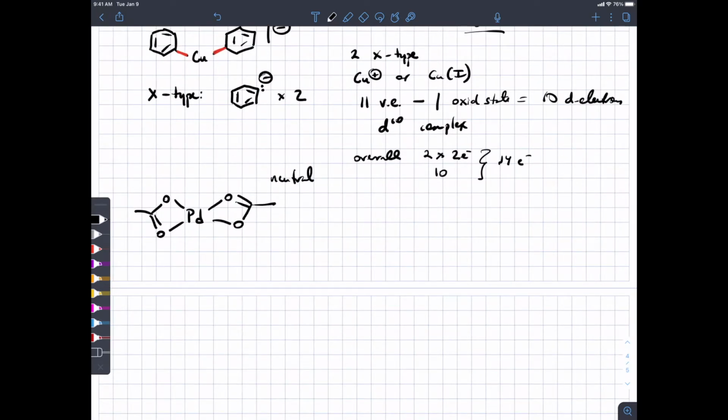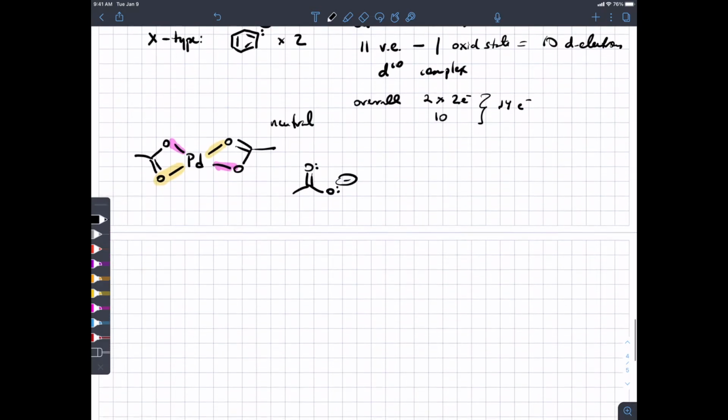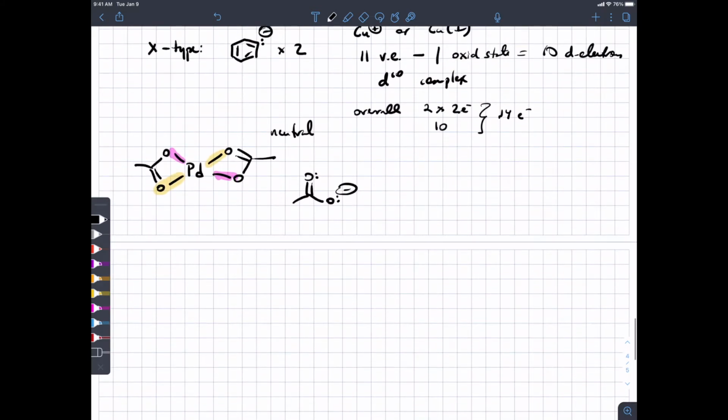These ligands here are interesting because they are L-type here, but X-type there. These are acetate anions. They would leave as this. So the carbonyl oxygen is an L site, that's a neutral ligand, and the negatively charged oxygen is an X-type ligand.